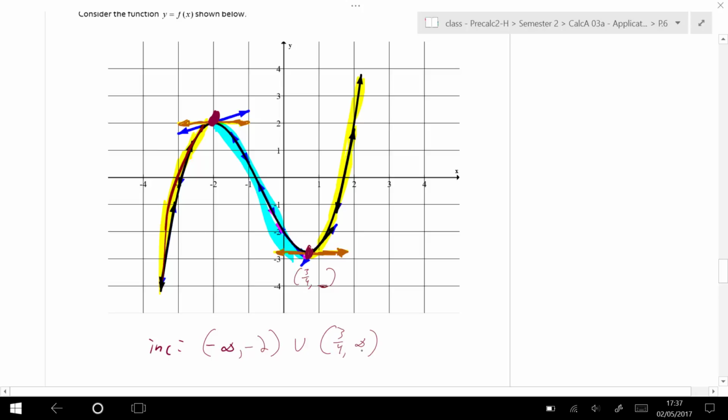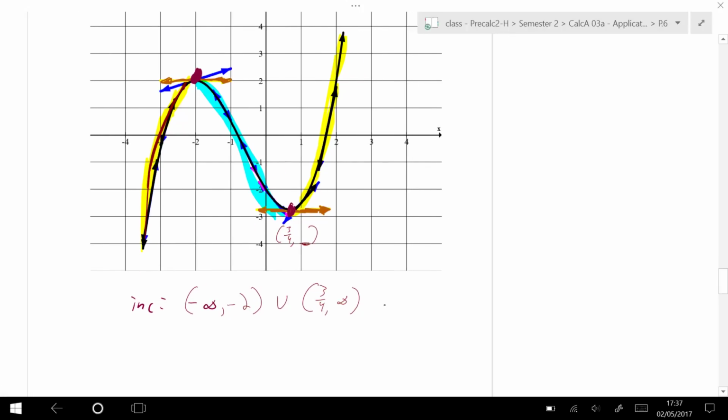I would have to give that to you, and that's increasing because f prime of x is greater than 0. My derivatives are positive, so it's a visual way of showing that. It's decreasing on the opposite interval from negative 2 to 3/4, and that's all the places where f prime of x is less than 0.